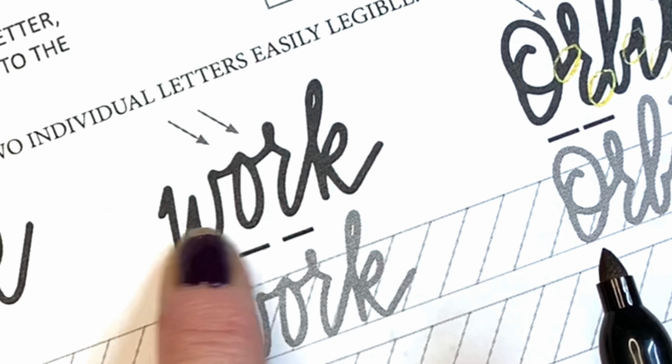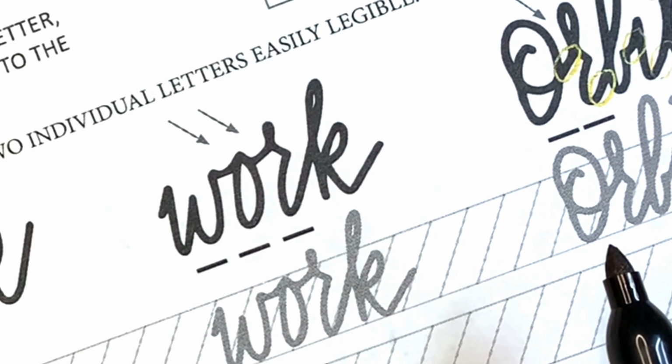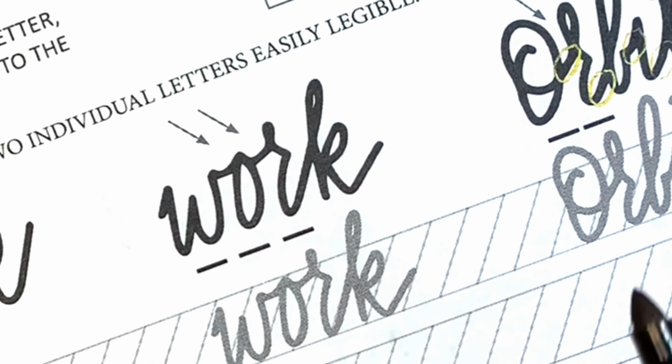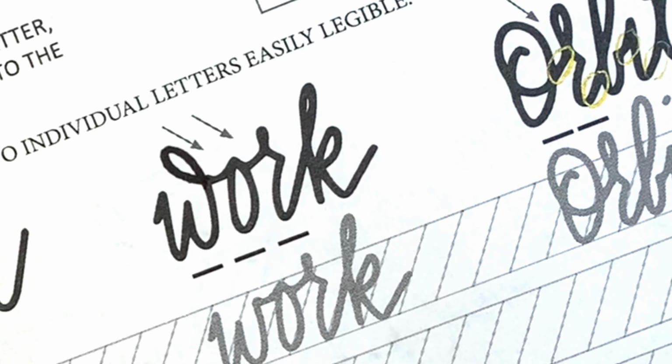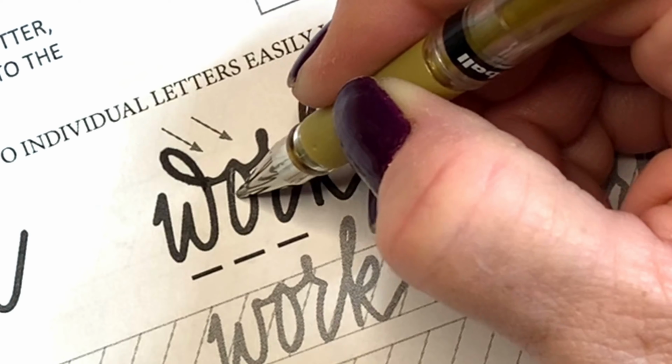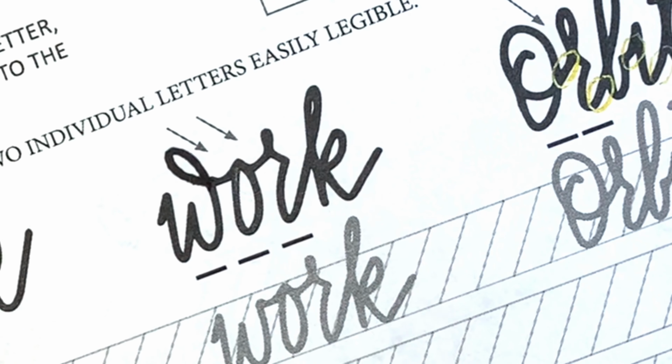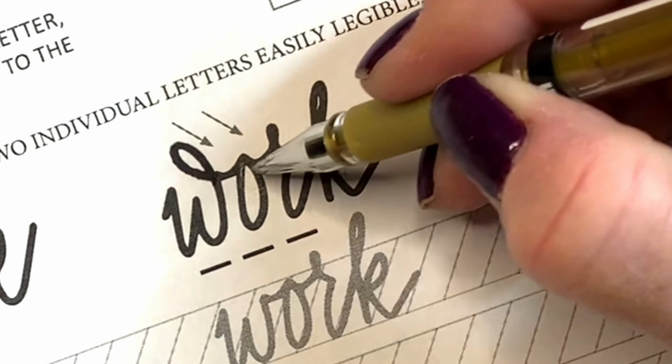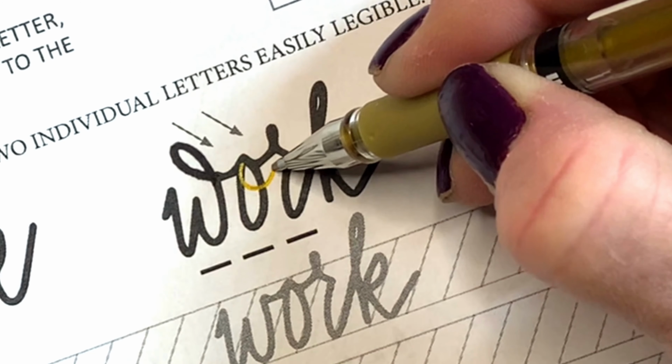If you don't like this look because it looks just so perfect and you want to be more whimsical, how else can you do it? Well, you can get a little creative and do your W like this. You can create it where your O comes down. Excuse me, let me get my pen working.